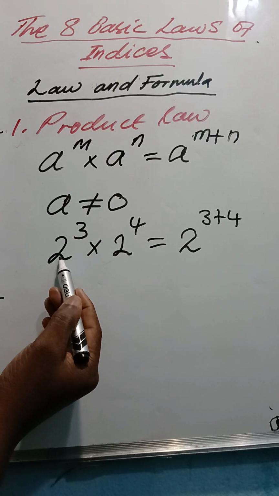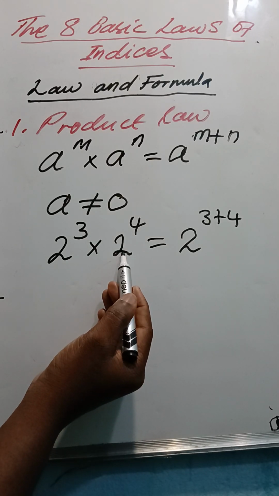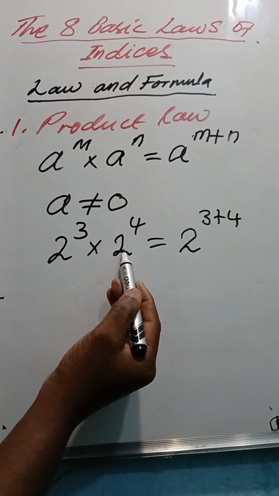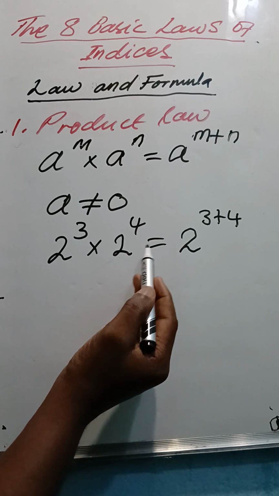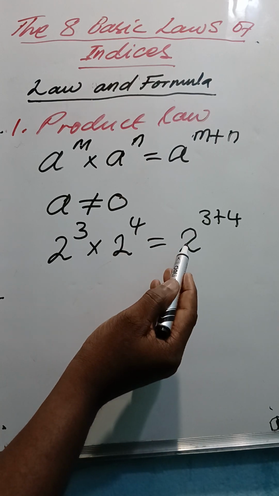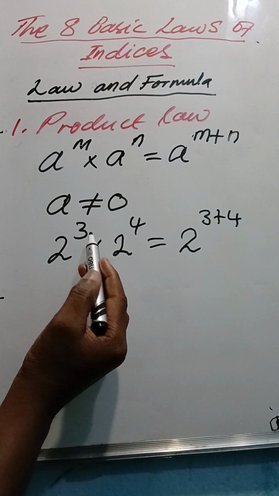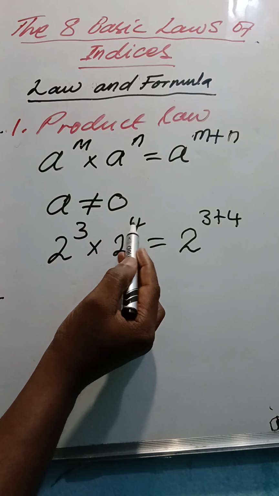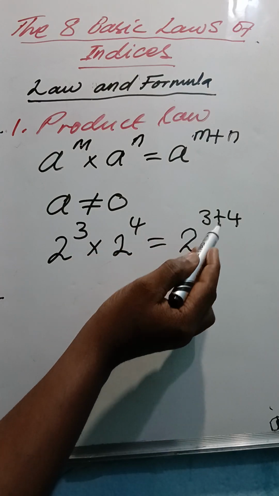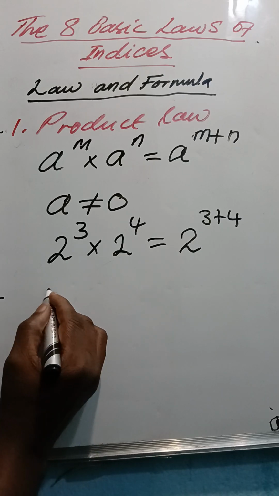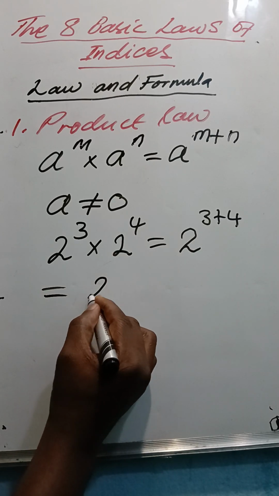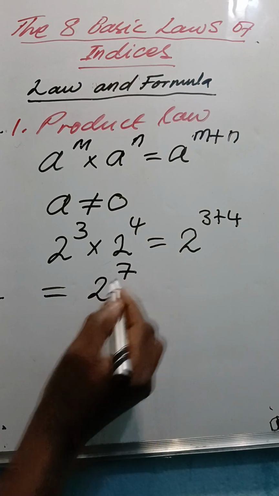This base is the same as that base. And because this base is the same as that base, therefore the product will have the same base. And the indices must be added together. So this will give us 2 to the power 7.